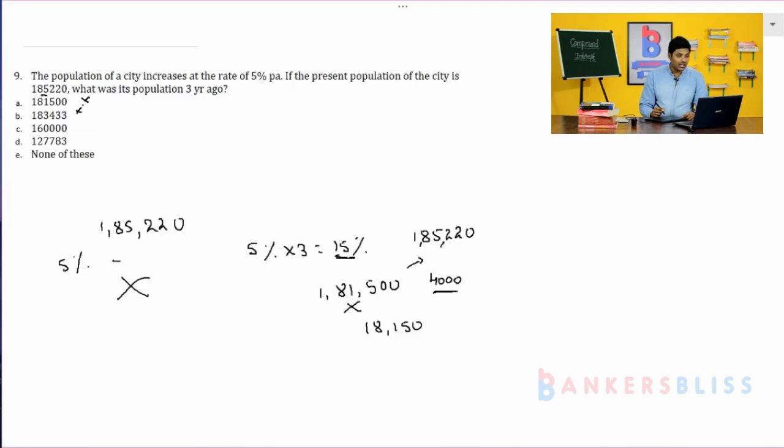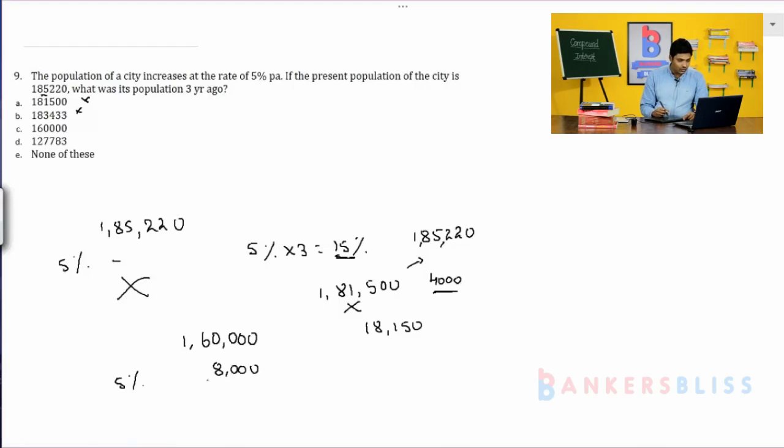But you should get 1,85,220, which is very near. So we can try 1,60,000. You have to calculate 5% of 1,60,000. 10% is 16,000, 5% is half of 16,000, that is 8,000.